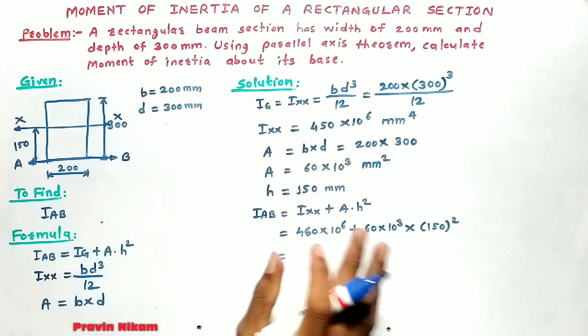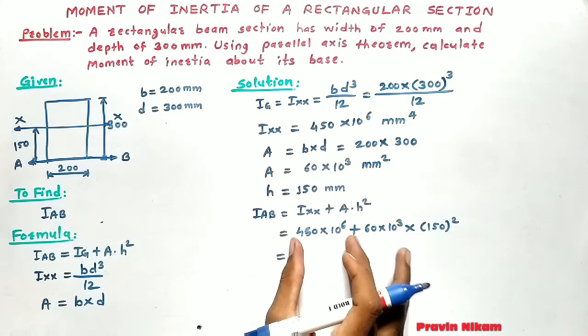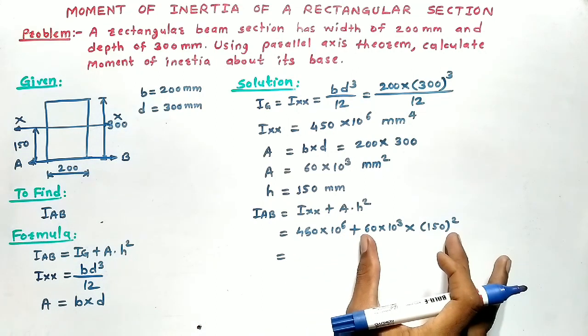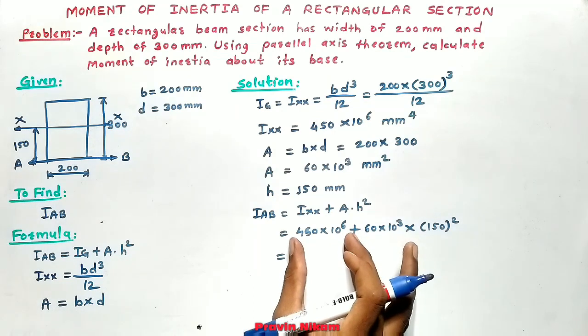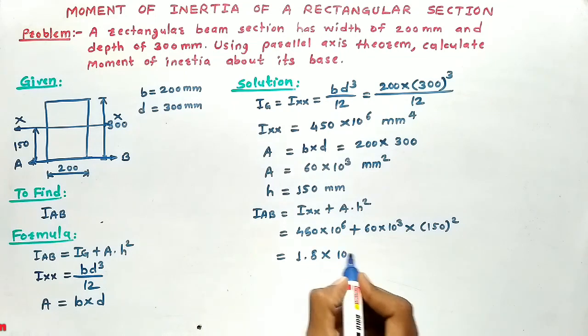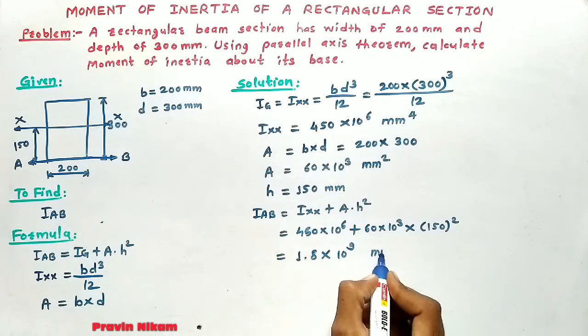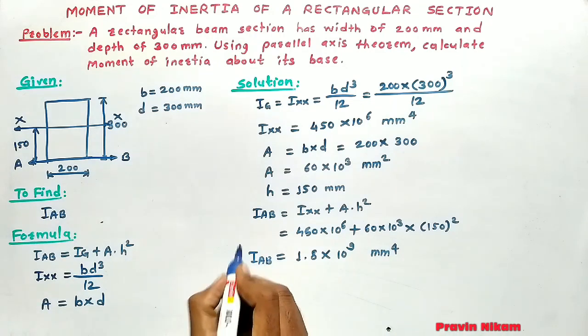Calculate this separately in your calculator and then add. You will get 1.8 into 10 raised to 9 mm raised to 4 as IAB.